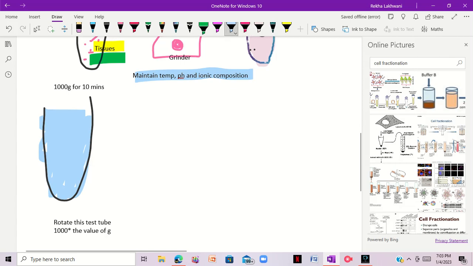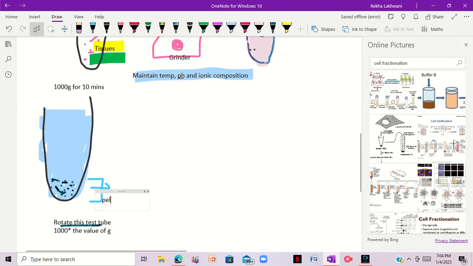Now what will happen when you rotate this test tube? At the bottom the heavy particles will come. Consider these are the heavy particles. They have been sedimented at the bottom of the test tube, and this is known as the pellet.